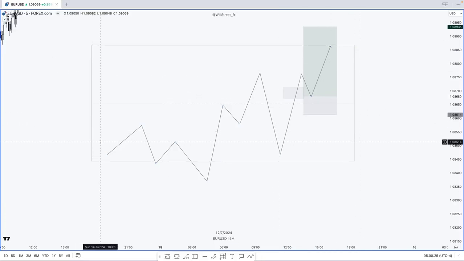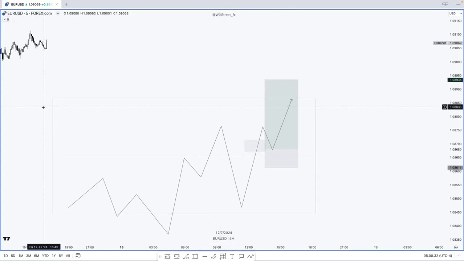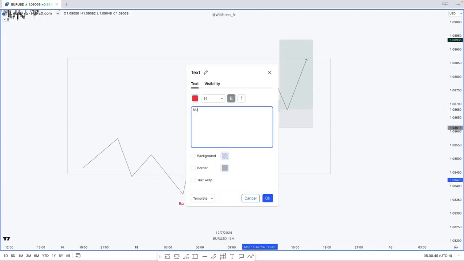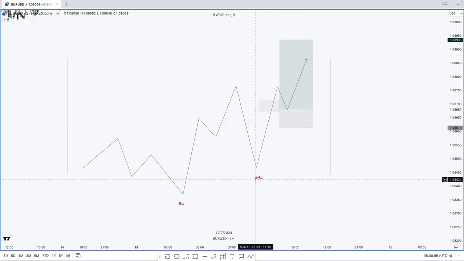This only happens in the lower time frame ranges. I mean, if this is a 1 hour, this is London kill zone, and here it is New York kill zone. It is when I apply this, but if this is a daily range, and this is, imagine, Tuesday, the range has been created on Monday.